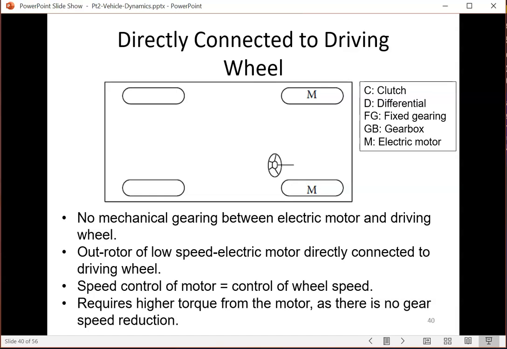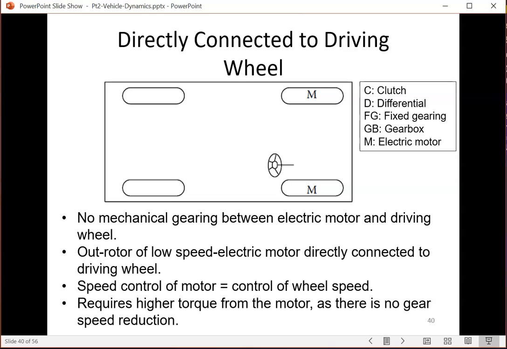So it's like an electrical gearbox rather than a mechanical gearbox. You fit the motor inside the wheel, and the challenge is how to produce the high torque that's required.